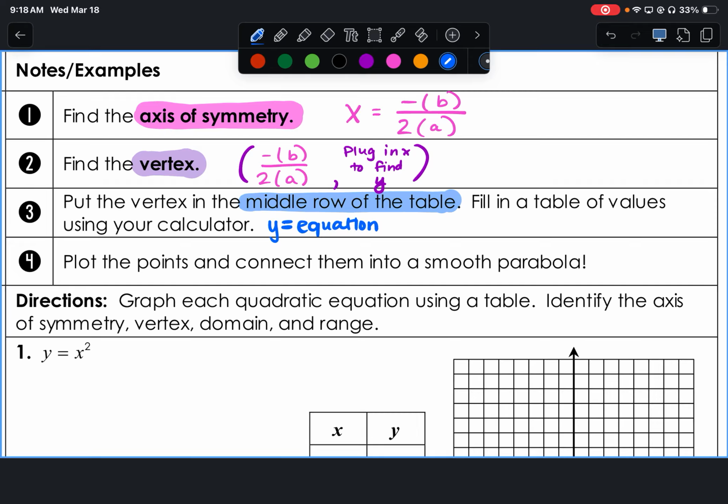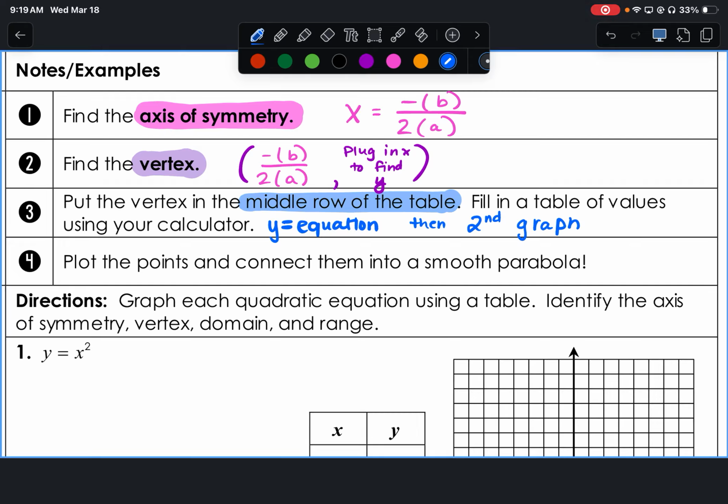Then, to look at the table, not graph, what buttons do I click? It's the same ones we did in Unit 6. Second, graph. So we start with y equals, put in our equation. Then we do second graph, and that will give you the table of values for that equation.